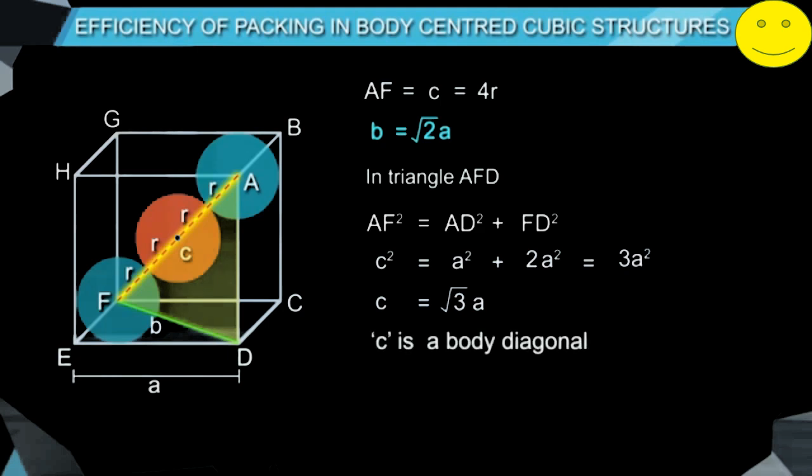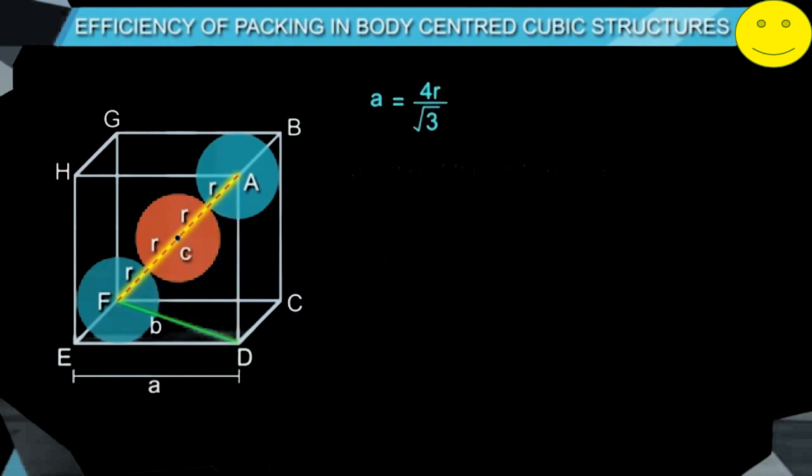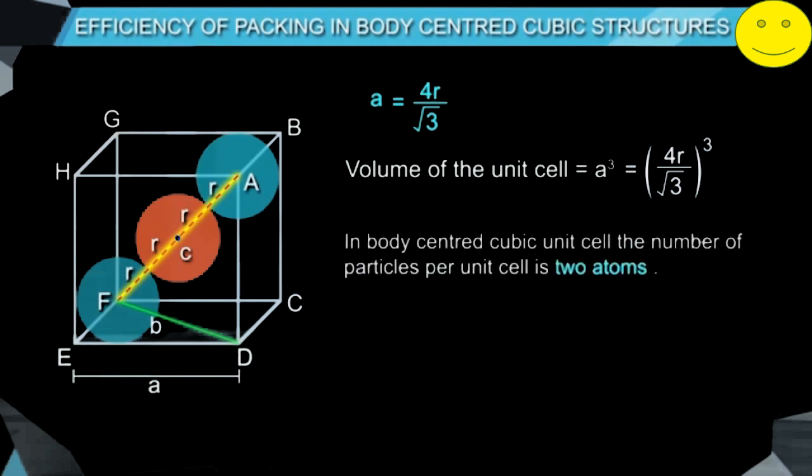Packing efficiency in body-centered cubic structure. In body-centered cubic structure, there is a particle at the center of the unit cell in addition to the particle at the corner. Thus, in body-centered cubic structure, there are 3 spheres in contact with each other along their body diagonal. Let A be the edge length of the cube and R the radius of the sphere.